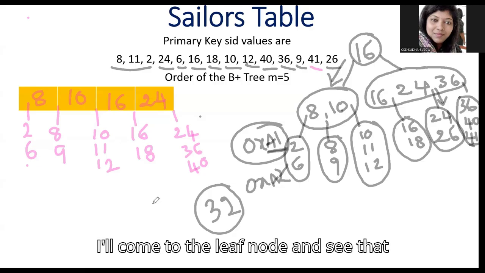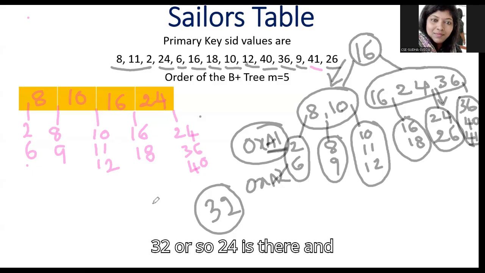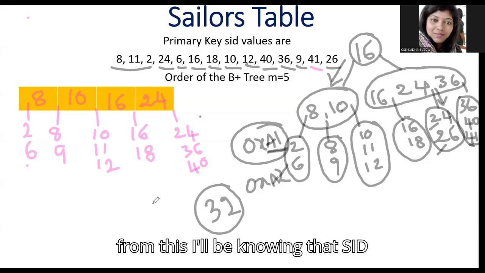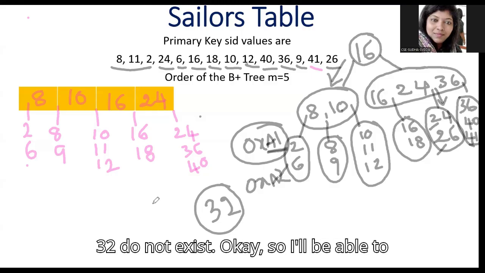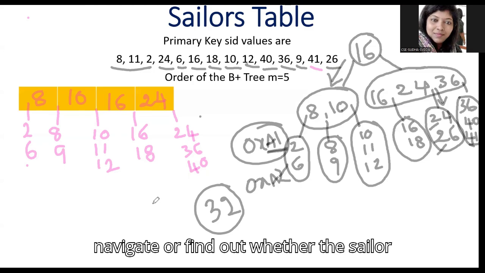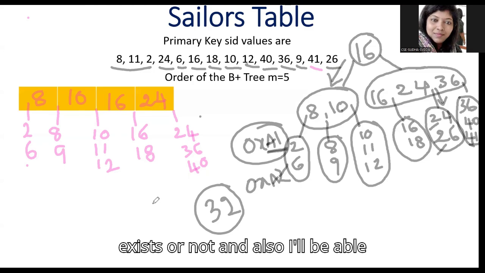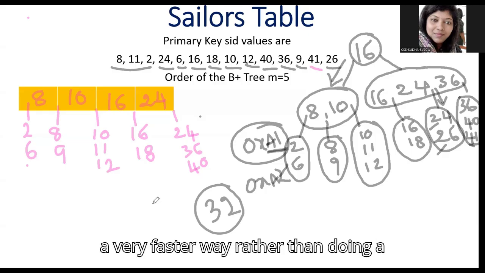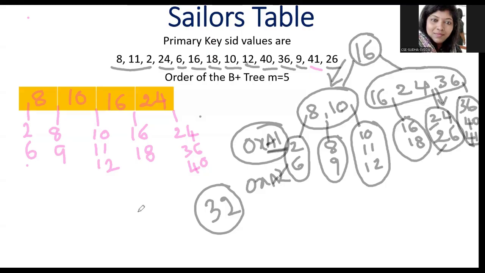Then I'll come to the leaf node and see that 24 is there and 26 is there, but there is no 32 here. So from this, I'll know that SID 32 does not exist. So I'll be able to find out whether the sailor exists or not, and also retrieve the tuple in a much faster way rather than doing a full table scan.